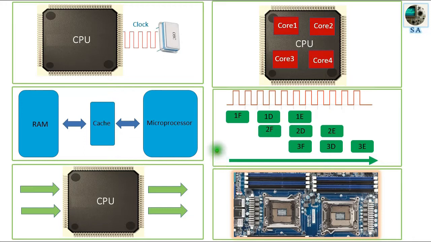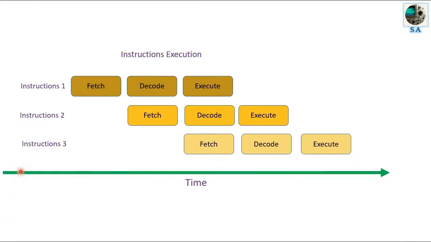Examples of that are pipeline and branch prediction, using cache memory, implementing higher clock speed, plus introducing multi-core CPUs. Also implementing hyper-threading technology. And to further boost performance at system level, parallel processing computer organization was introduced.